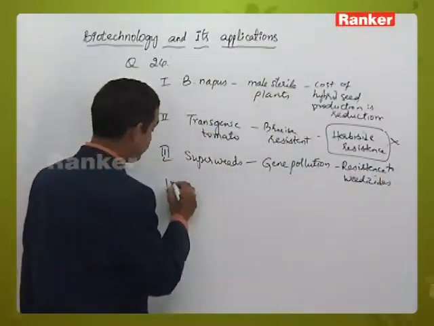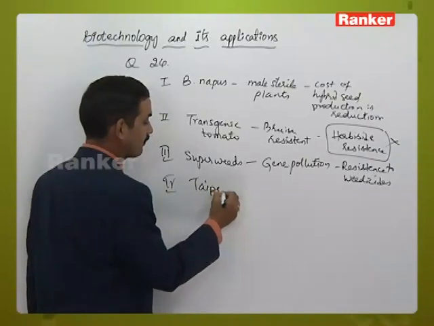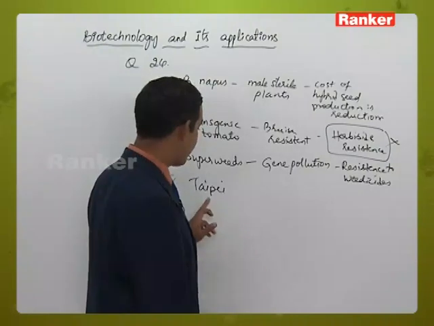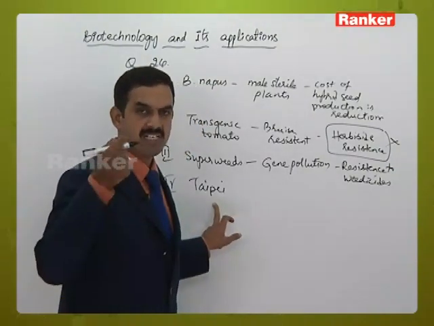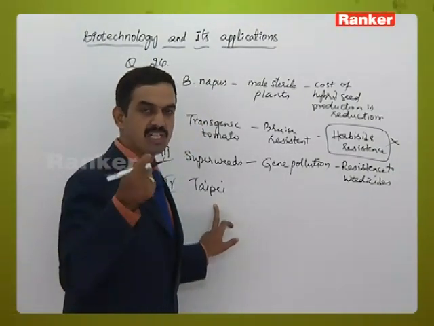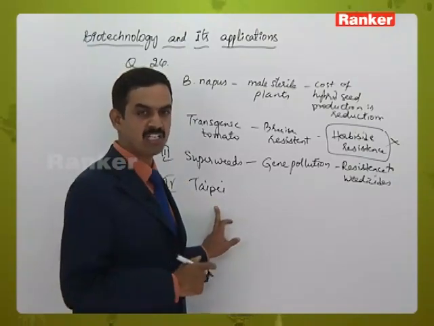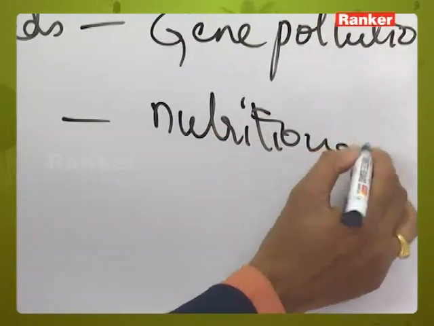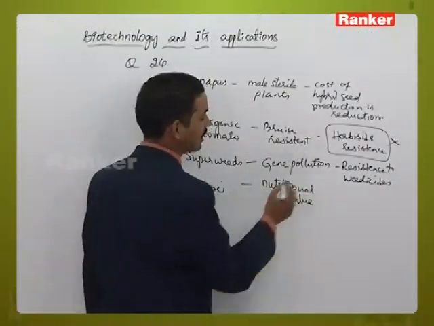Then fourth one, Type A variety. Type A variety is a rice variety into which genes responsible for vitamin A synthesis are introduced, so that nutritional value is increased, and that variety of rice is called golden rice.